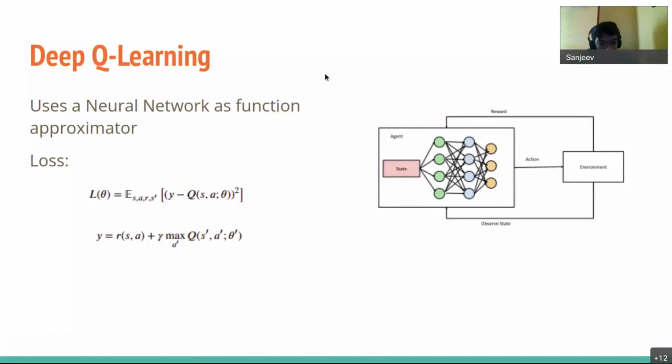You might end up in multiple states. So that's why it's an expectation. But does this mean that the expectation in the loss function is not required? Yeah, we might exclude it for our case.